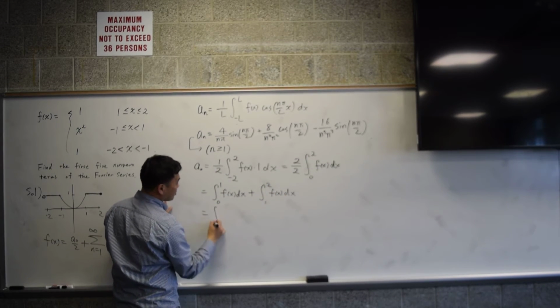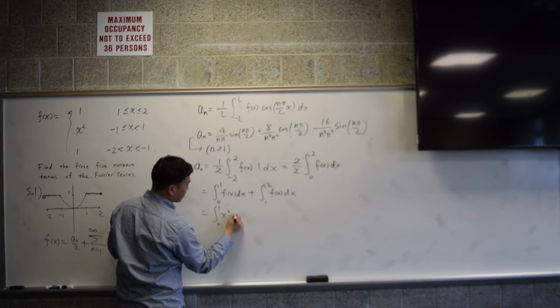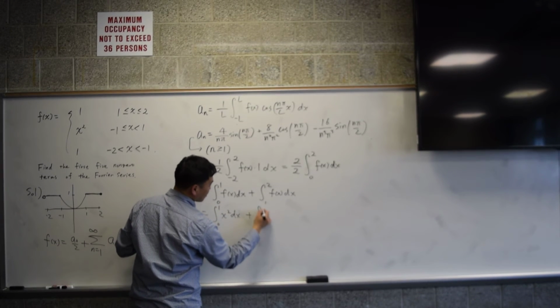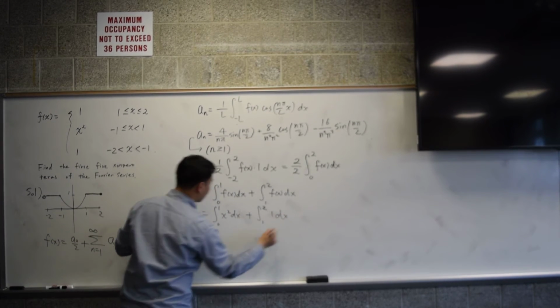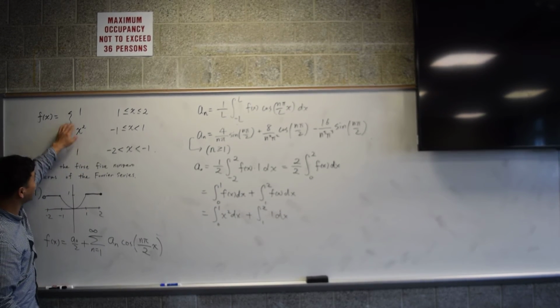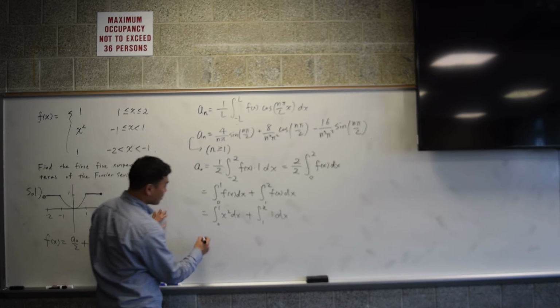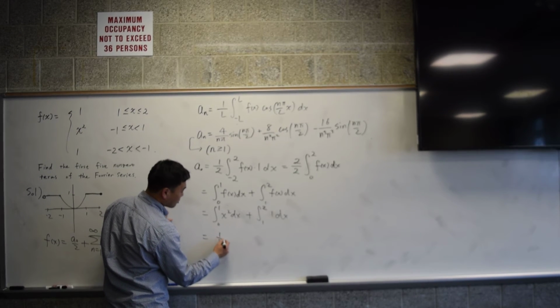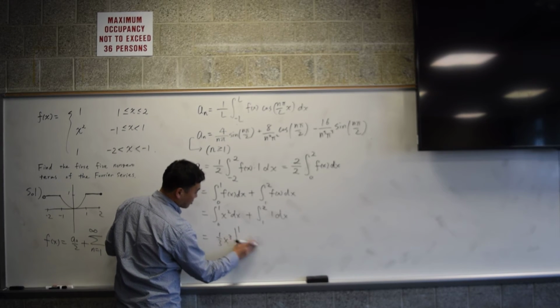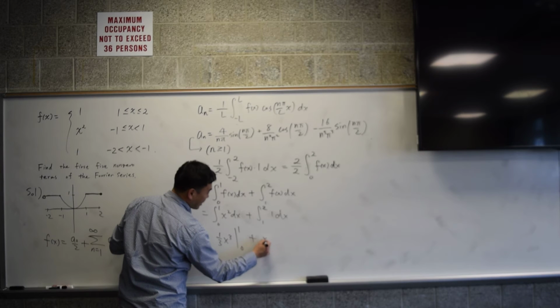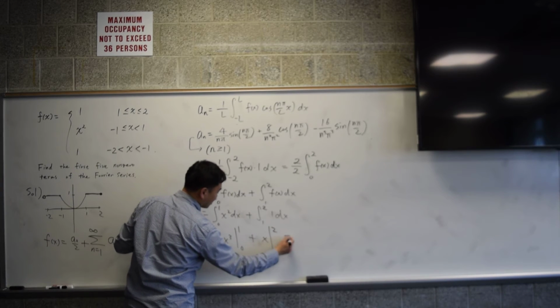This one is the integral from 0 to 1 of x squared dx, and this one is the integral of 1 dx. From 0 to 1 it's x squared. From 1 to 2 it's 1. The integral of this is 1/3 x cubed, evaluated from 0 to 1, plus the integral of 1, which is just x, evaluated from 1 to 2.